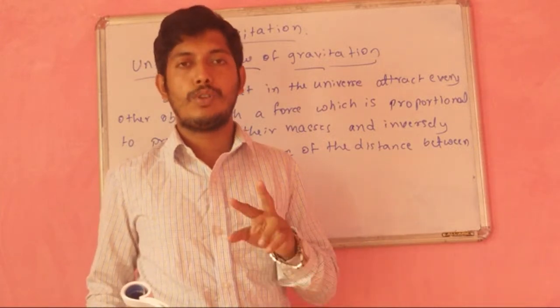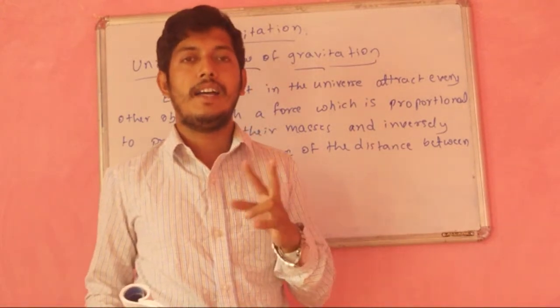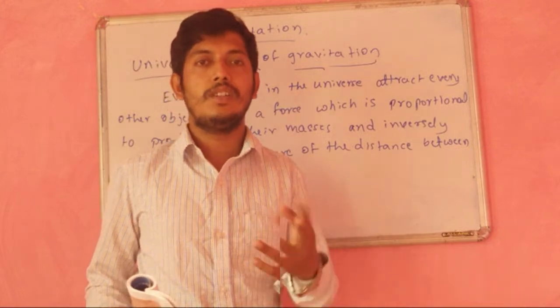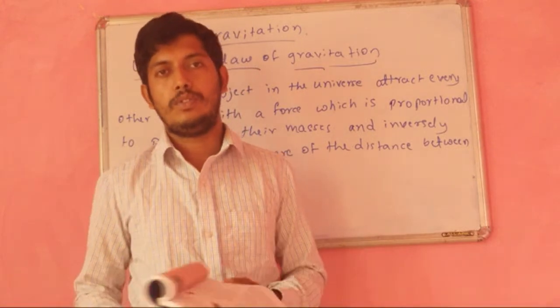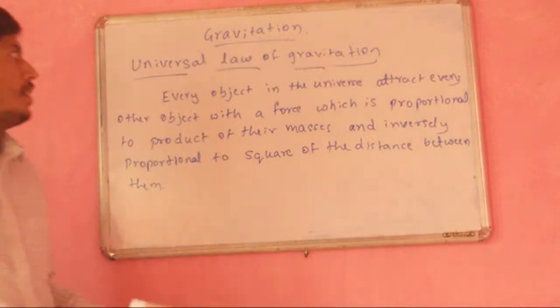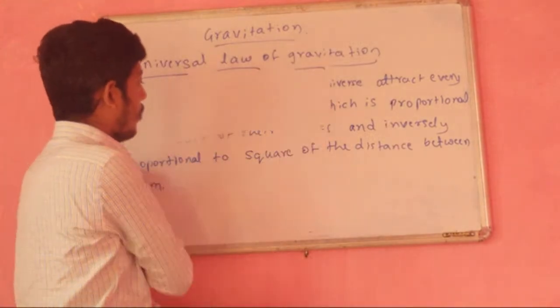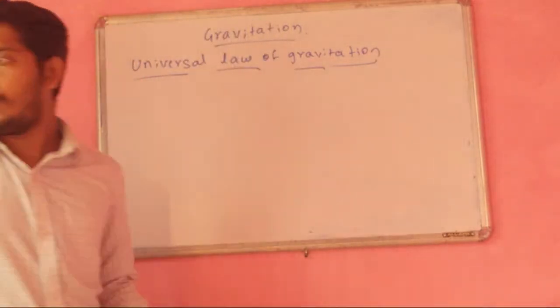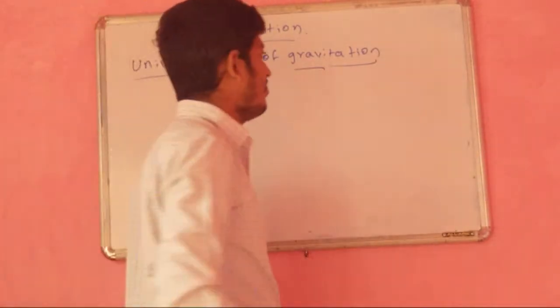Here product of the masses is directly proportional to force, and square of the distance between the two objects is inversely proportional to the force. Based on these two statements, we will derive the expression for universal law of gravitation. For that, we will consider two objects.